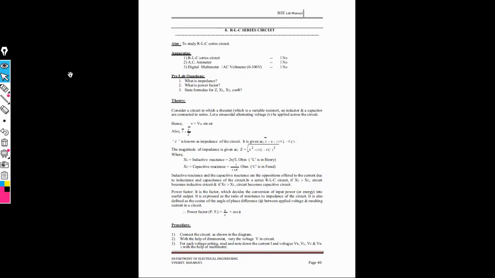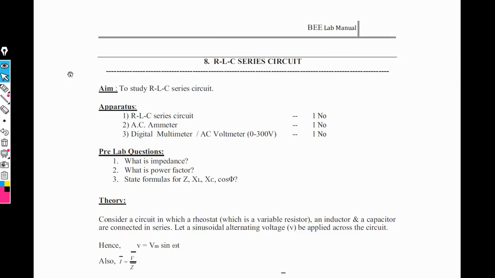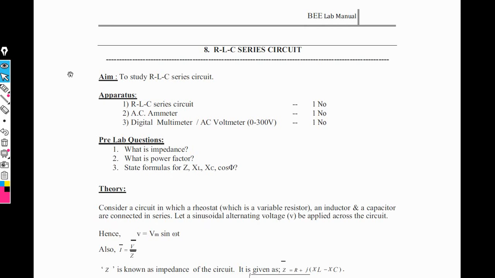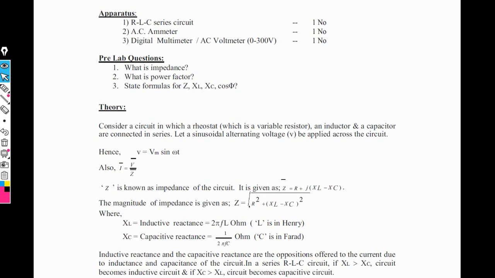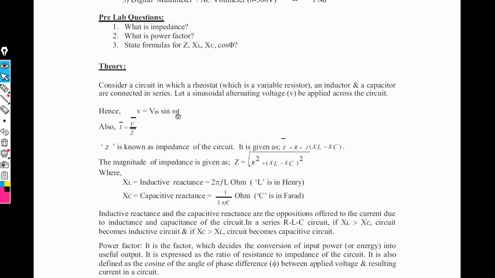Now V is equal to Vm sin omega t, and I is equal to V by Z. Z is called the impedance of the circuit, and Z is equal to R plus j into bracket XL minus XC.